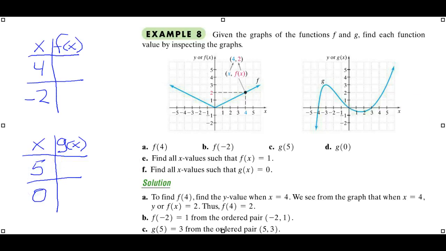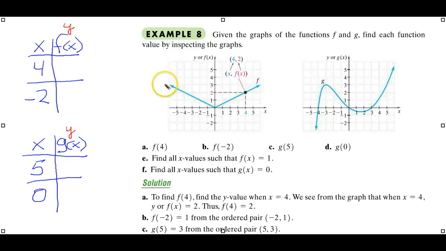So what we're asked to do now is, what would be the corresponding pair member if we have x is 4? What would be our, in a sense, y value here? Looking at the graph, let's look at this one.